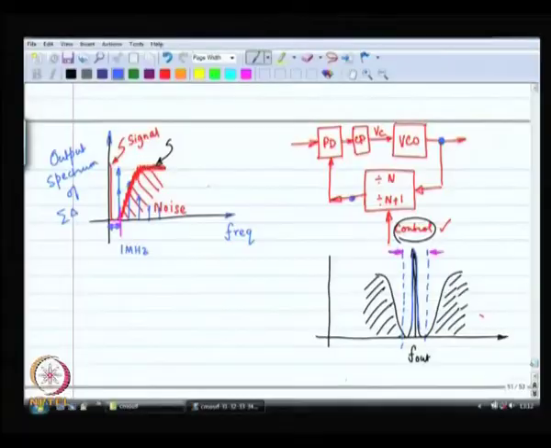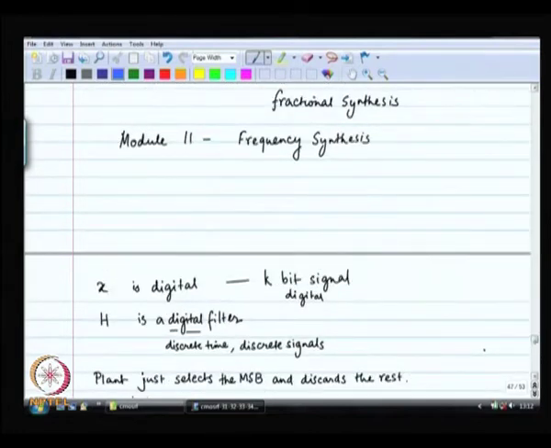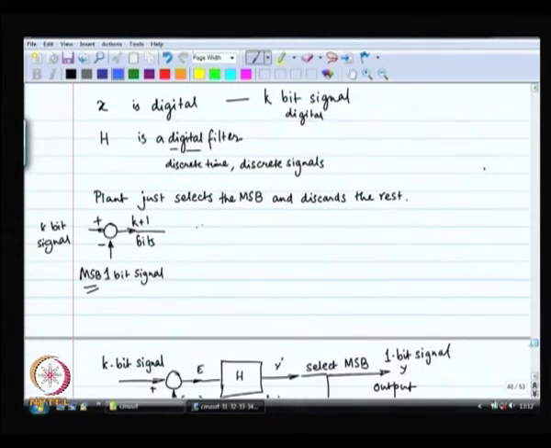You will have to work harder, you will have to place zeros, you will have to burn more power in your digital circuitry. This is digital, all digital, right. There are no analog signals in the sigma delta over there. We listed out all the different components. X is a digital number, H is a digital filter.